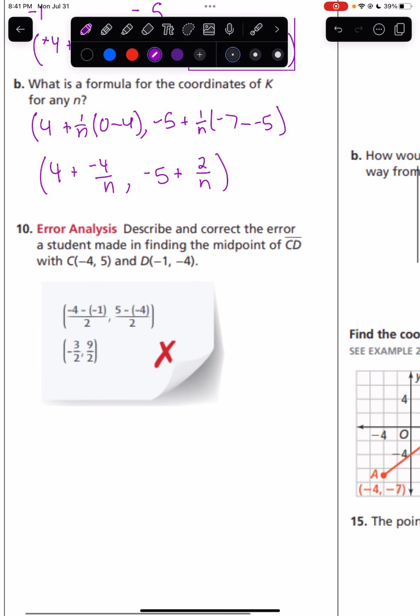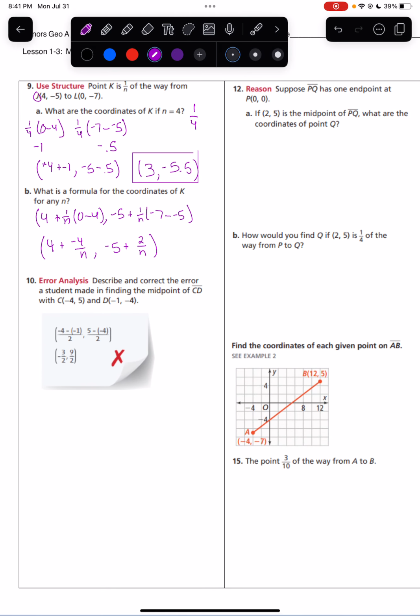Number 10, describe and correct the error a student made in finding the midpoint of CD with these 2 points. So when we find the midpoint formula, remember, we want x1 plus x2 over 2 and y1 plus y2 over 2. And of course here they didn't do that.